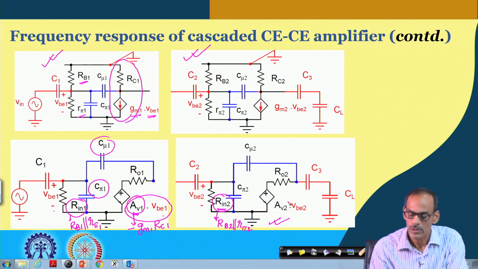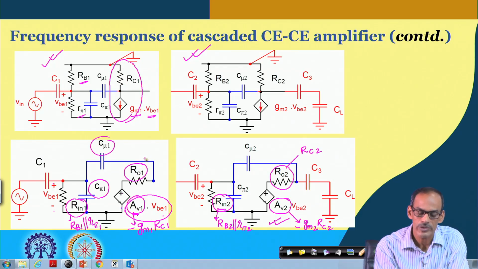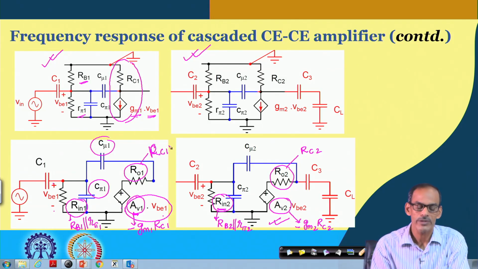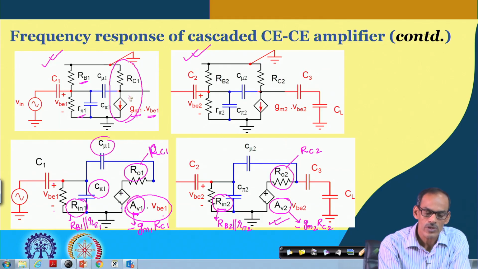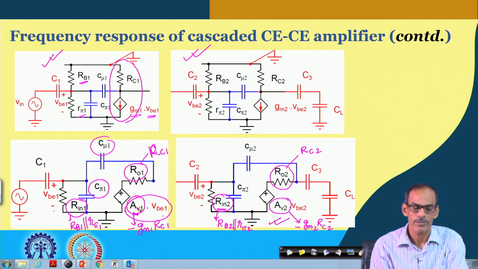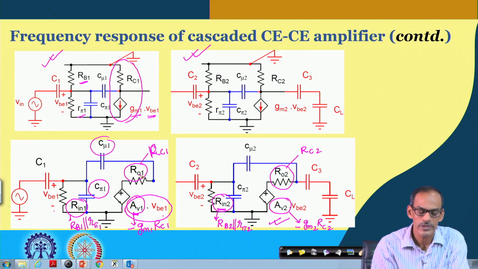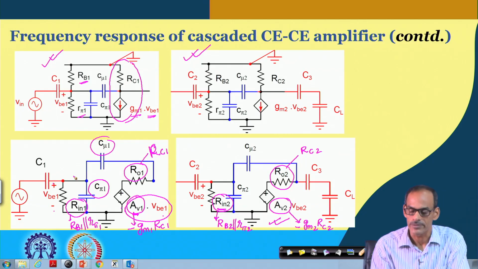And likewise here we have the gain, gm2 multiplied by Rc2, and the resistance here is basically Rc2, and here also this is Rc1. So, that is how you can translate this transconductance amplifier into the form of a voltage amplifier, and then the input resistance and output resistance you can express in terms of internal resistances.